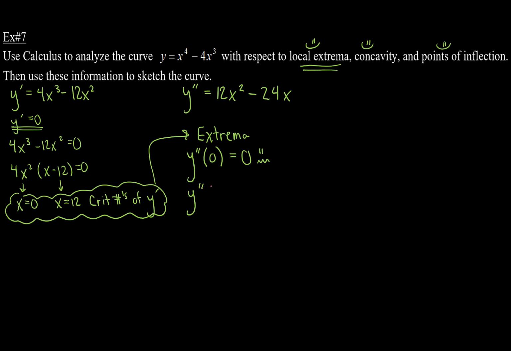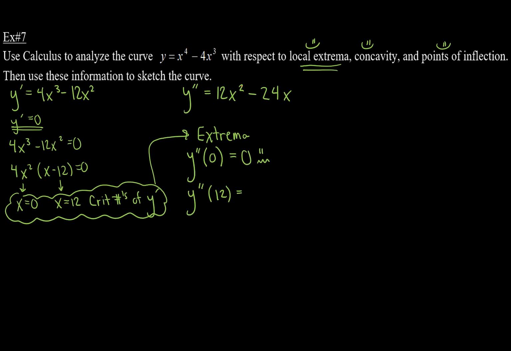All right, I'm going to have to use the first derivative test. For y double prime, if I plug in 12, I get 12 times 12 squared, so 12 cubed, minus 24 times 12. It's definitely going to be a positive number. I don't know what though.